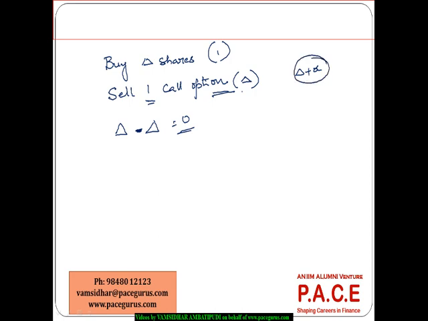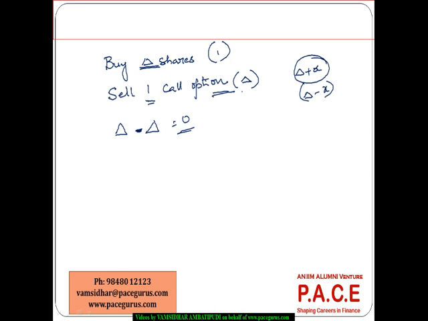It may not remain at delta; it may be slightly more or slightly less than delta if the underlying price changes quite drastically. This means buying delta shares to hedge this particular security may not be a sufficient exercise at all. I may have to buy more shares or fewer shares to rebalance this portfolio.